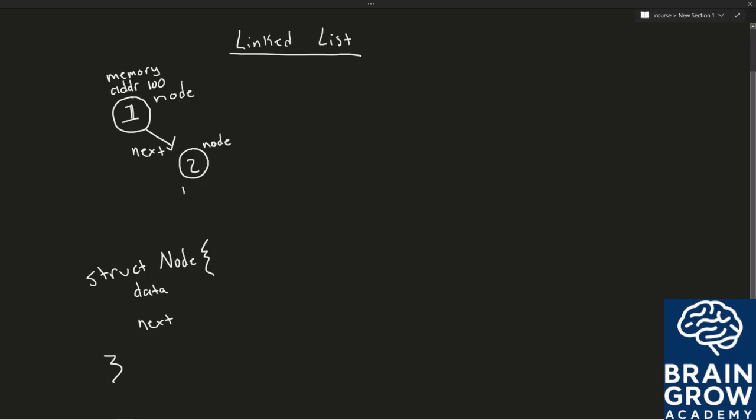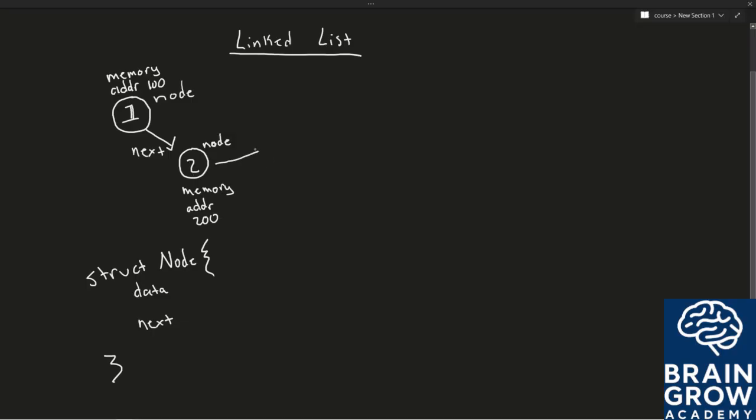And then we will say our memory address for node 2 is 200. So next is going to point to this memory address of 200, and we know at that memory address is going to be this node that stores the value 2.